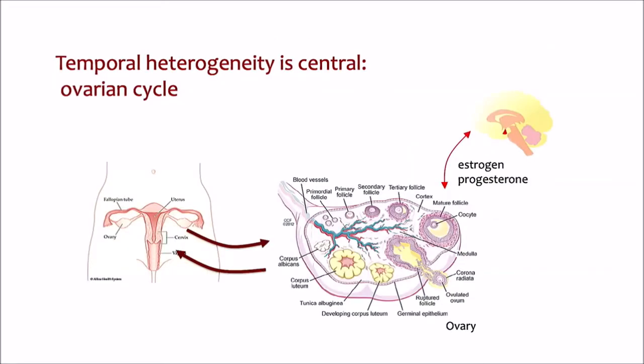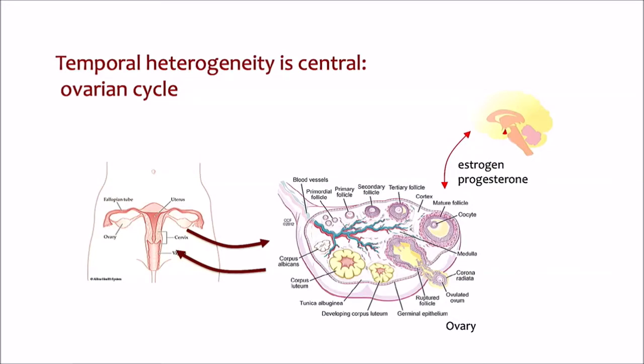So let me give you a very quick run through human reproductive biology, the parts that are necessary. One really important thing is that females cycle. That means that a lot of female biology has a very strong temporal component, very strong temporal heterogeneity. The important part here is the ovary: during the cycle we have follicle development and ovulation, and then the production of progesterone in the corpus luteum.